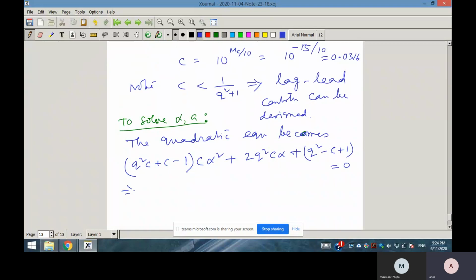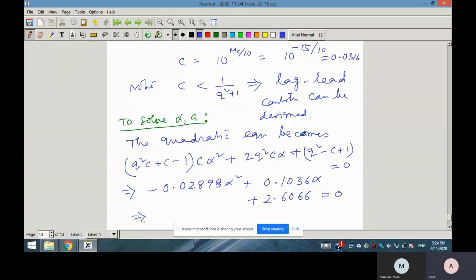If you put all the values of c and q as shown above, then it will come out to be like this: minus 0.0282898 alpha square, please check all these calculations, as I said before also, plus 0.1036 alpha plus 2.6066, this is equal to 0.